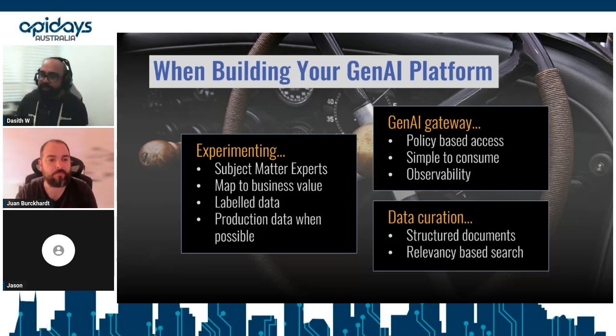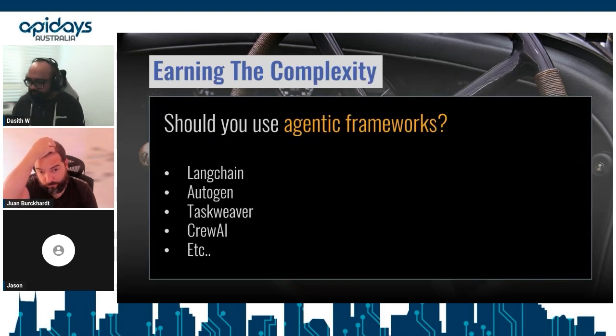And if you've got many teams building Gen AI solutions, you probably need a Gen AI gateway that gives policy-based access to different workloads, and it must be simple to consume and it must be an observable solution. And for data curation, structured documents and relevancy search is important.